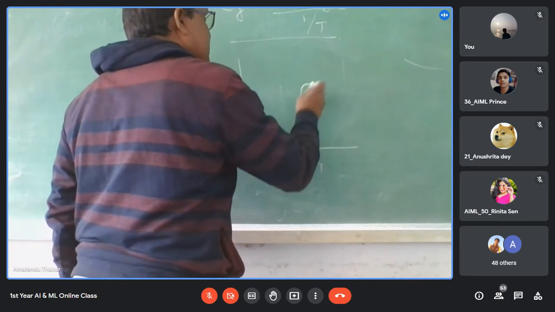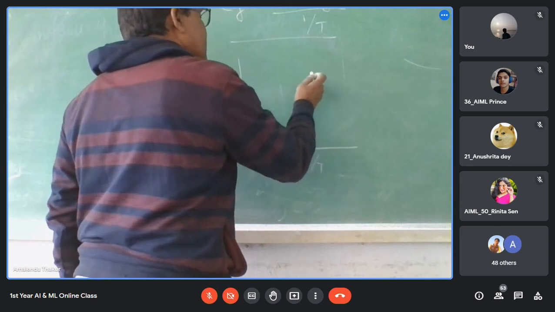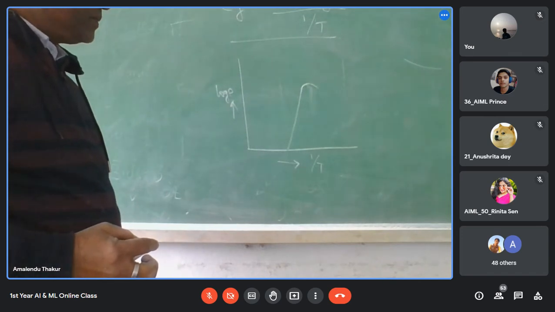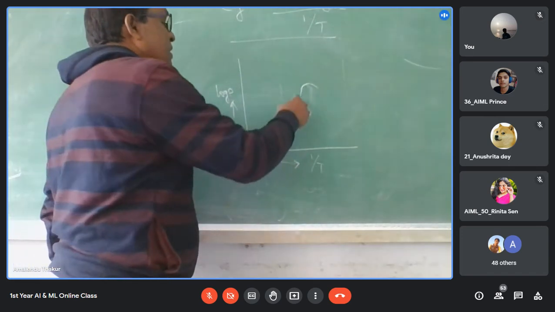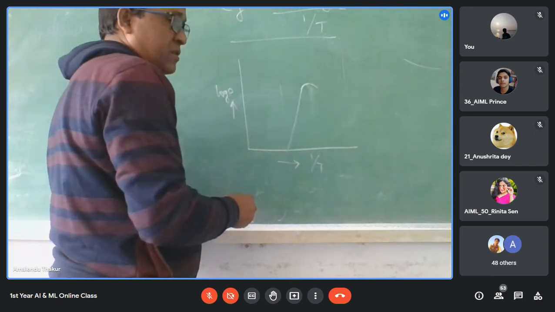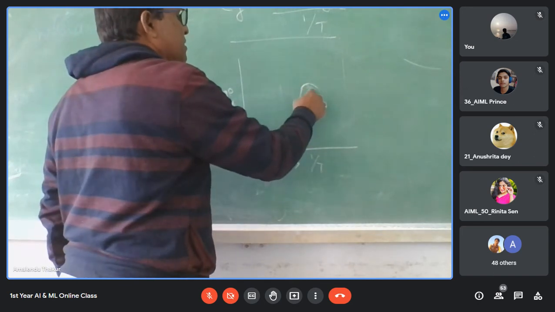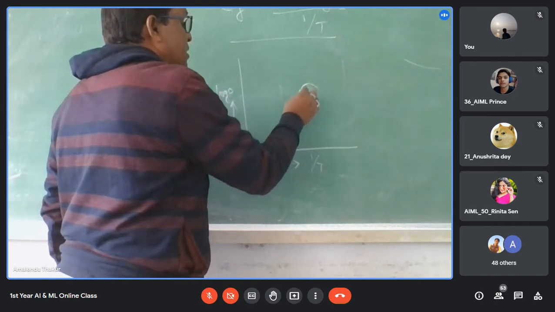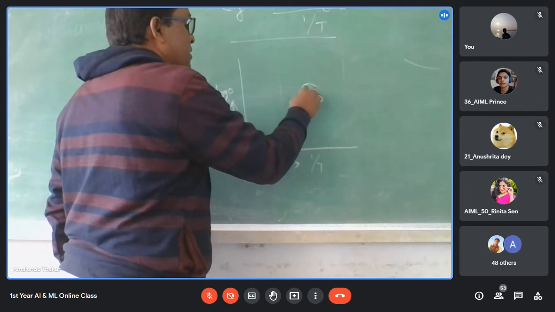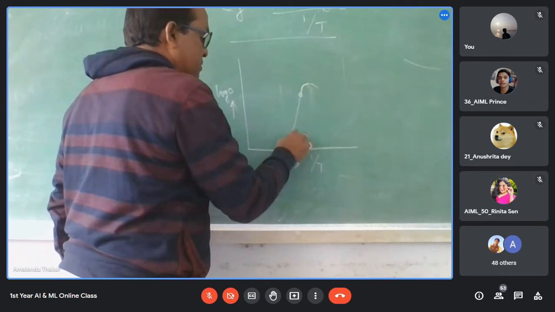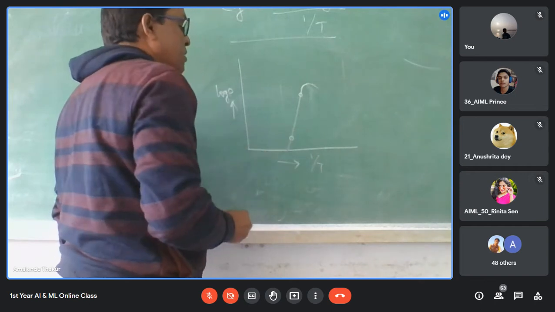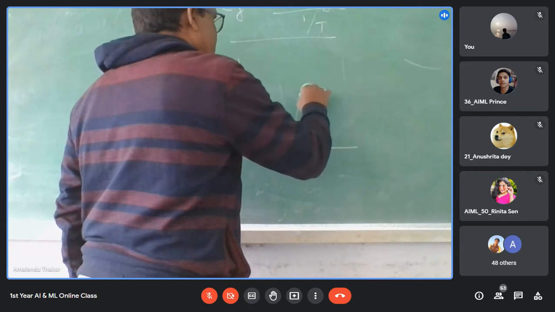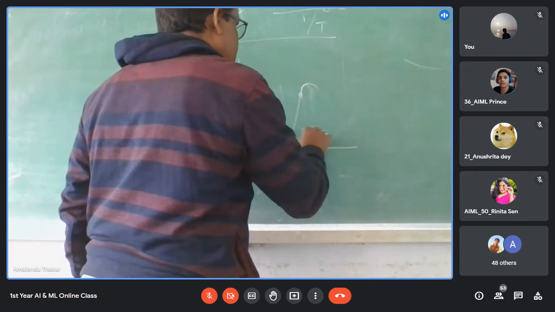The nature of this curve is like this. But we have to take our slope in the straight region, so we cannot consider this curved region. We consider only the straight region. Suppose we consider these two points and draw a perpendicular on it like this.